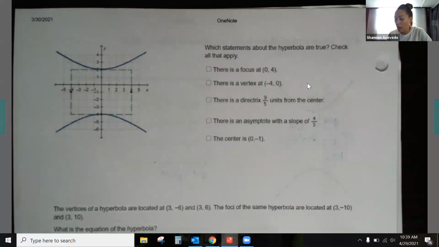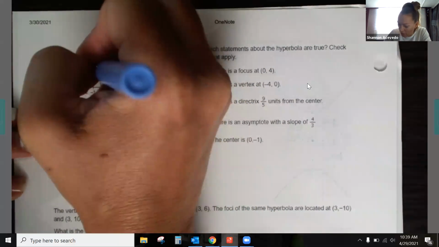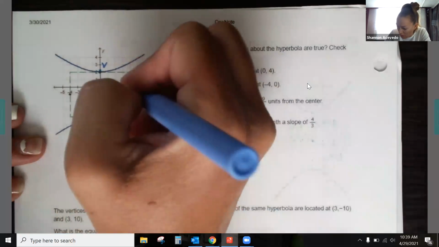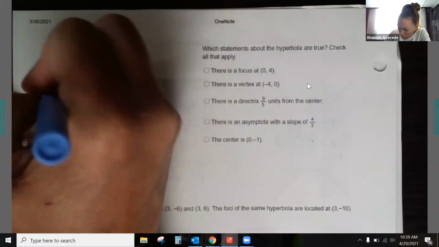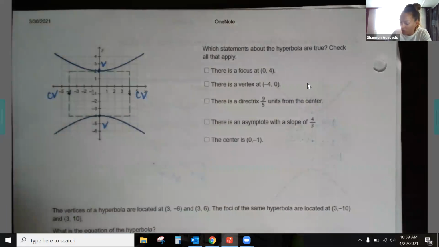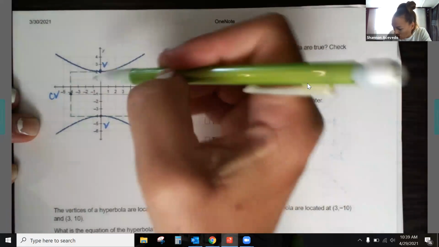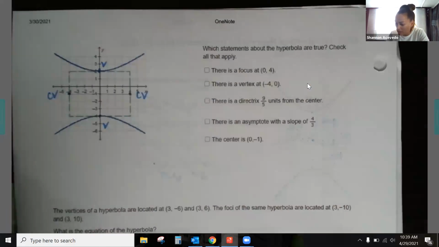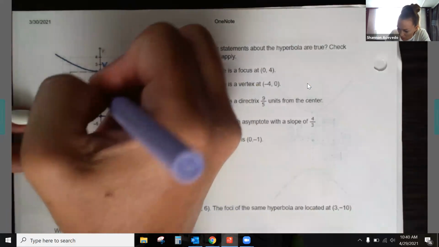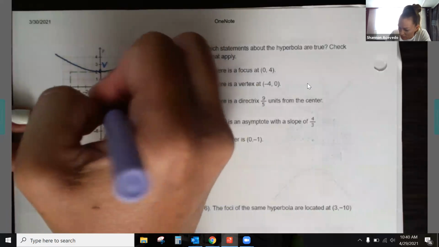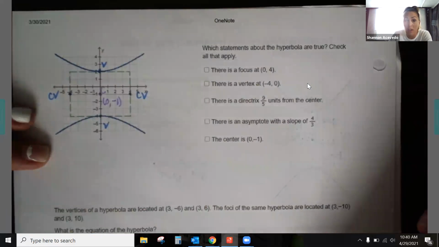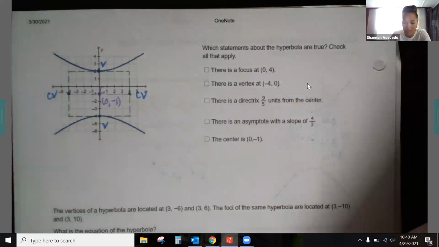So let's look at what we know. I know vertice, vertice, these are my co-vertice, co-vertice. So my center is going to be in the middle where these two cross. They cross here, and that point is at 0, -1. So that gives me my h, k, right?